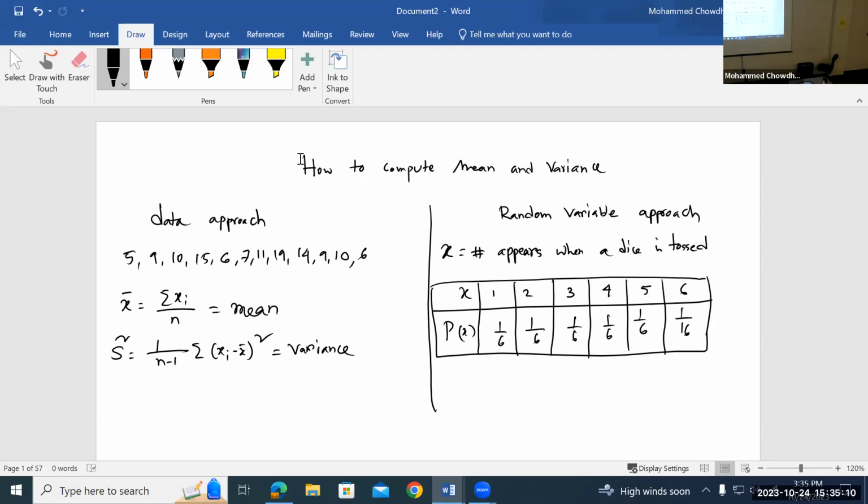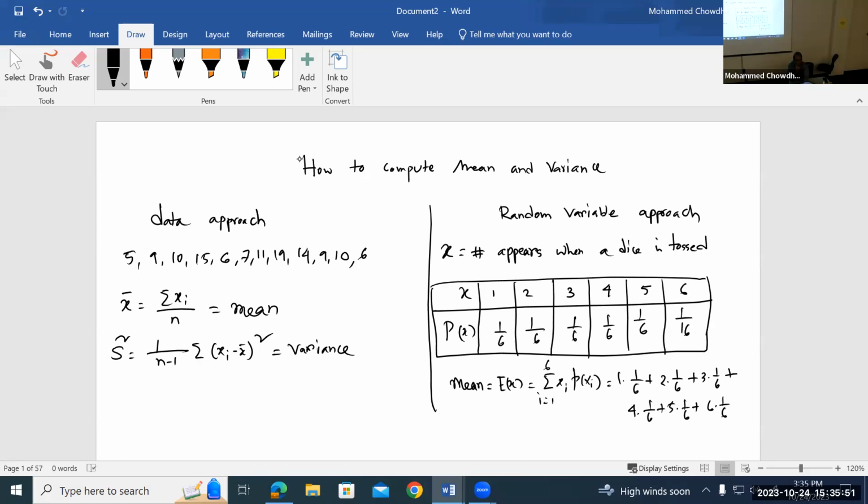So the data approach is this. Now the random variable approach: the mean is written as the expected value of x, which could be written as the sum of xi times p of xi, i goes 1 to 6. Then you plug in values: 1 times 1 over 6 plus 2 times 1 over 6 plus 3 times 1 over 6 plus 4 times 1 over 6 plus 5 times 1 over 6 plus 6 times 1 over 6.